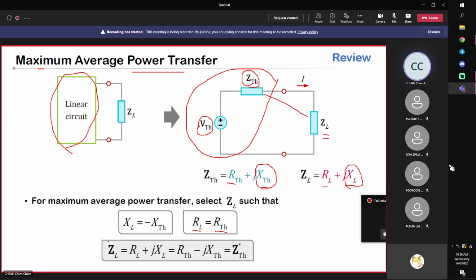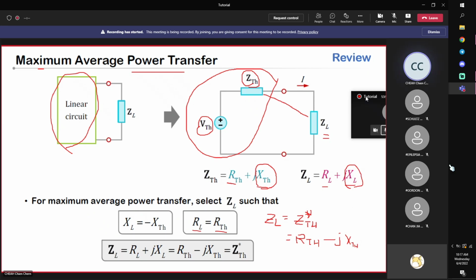These conditions can be more easily represented in this form: ZL is equal to ZTH asterisk. Asterisk means complex conjugate. Complex conjugate means what? Reverse the sign of your imaginary part. Which means that if you have ZTH with a real part and an imaginary part, then the complex conjugate is equal to RTH, with the sign of the imaginary part reversed.